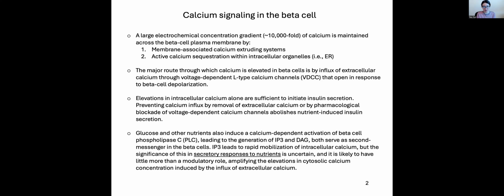So what this is telling us is that the major trigger of insulin secretion from the pancreatic beta cell is the influx of calcium, but this calcium is from the extracellular source rather than the intracellular source of calcium.